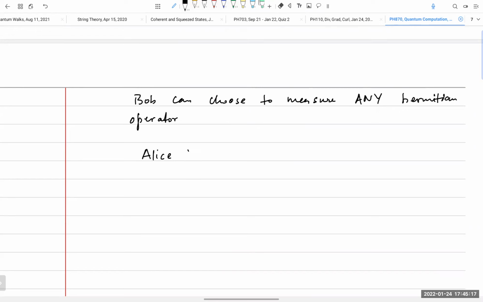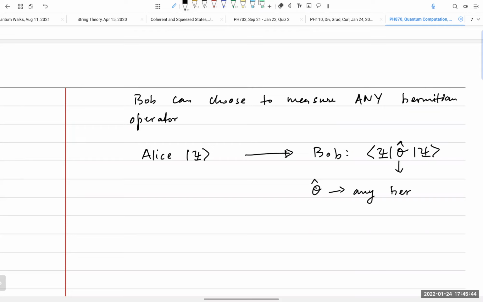So Alice prepares a state psi and sends that state to Bob. What does Bob do? Bob takes some operator O and measures the expectation value of this operator in the state that Alice has sent. And what is this O? This O is any Hermitian operator.